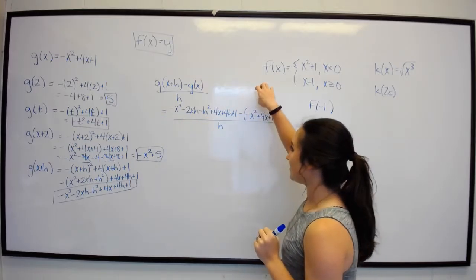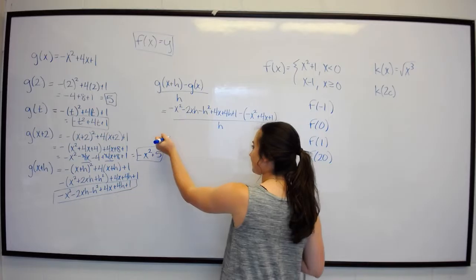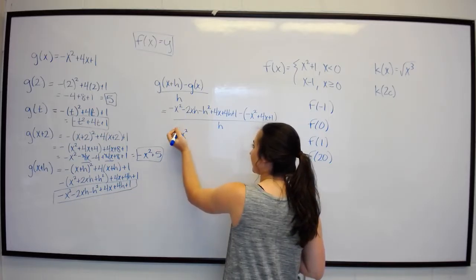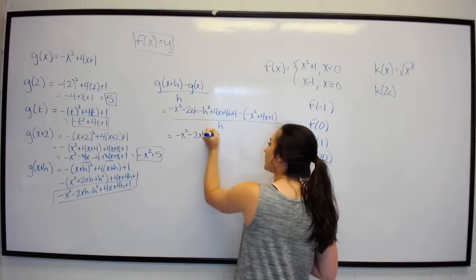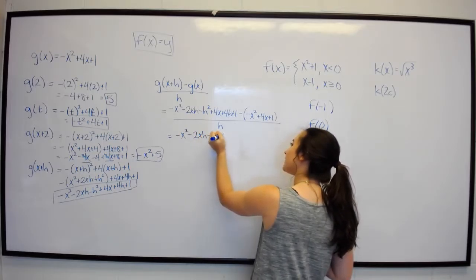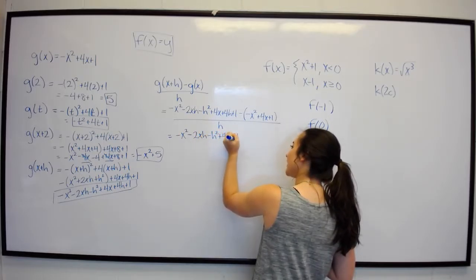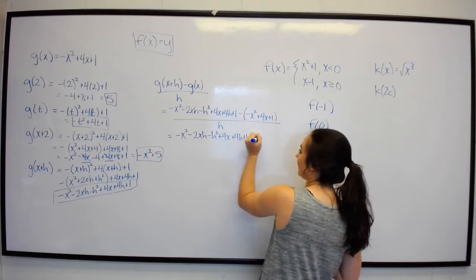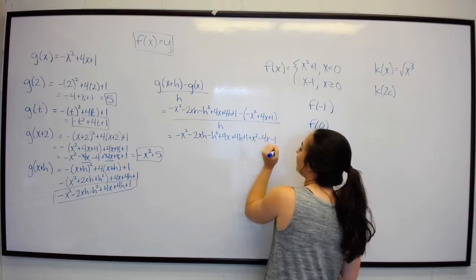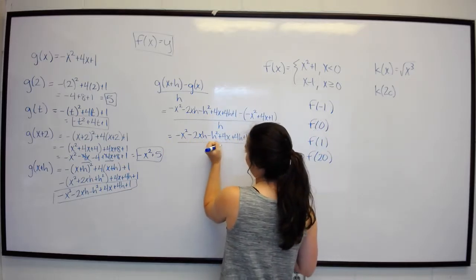What I'm going to do is simplify the top some more. So I have negative x squared minus 2xh minus h squared plus 4x plus 4h plus 1. This will now be a plus x squared minus 4x minus 1 all over h.